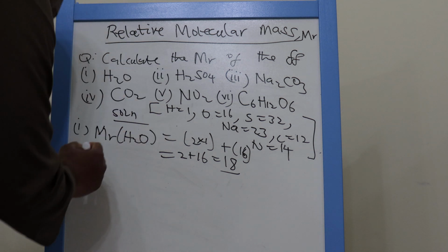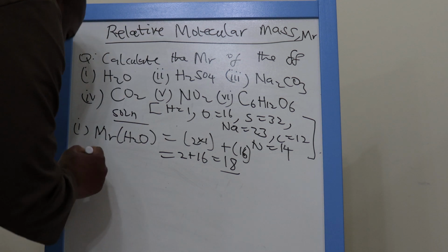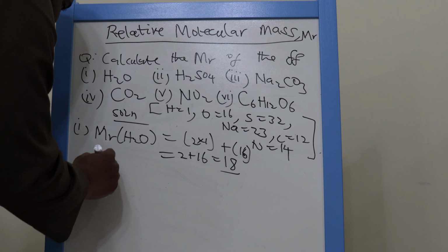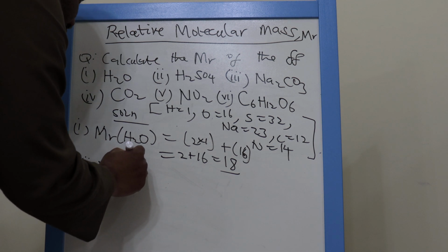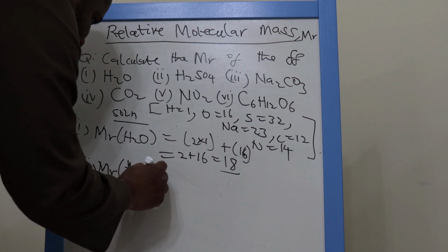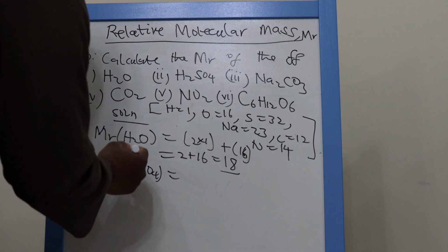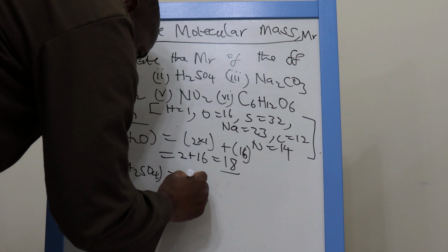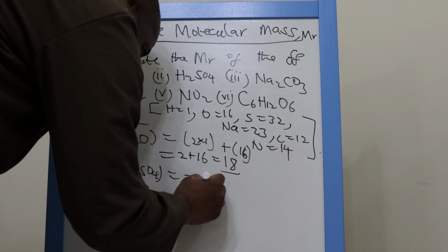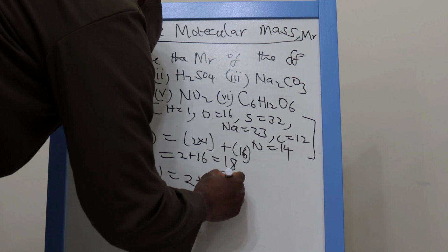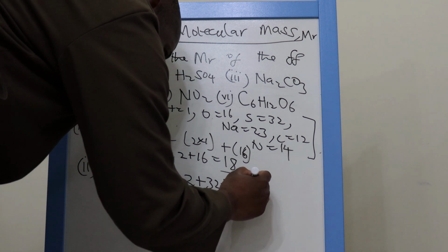The second one, II. Mr, the relative molecular mass of H2SO4, is equal to 2 for hydrogen, twice, plus sulfur 32, plus 4 times 16.